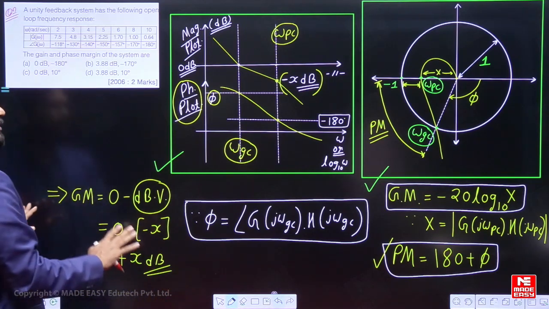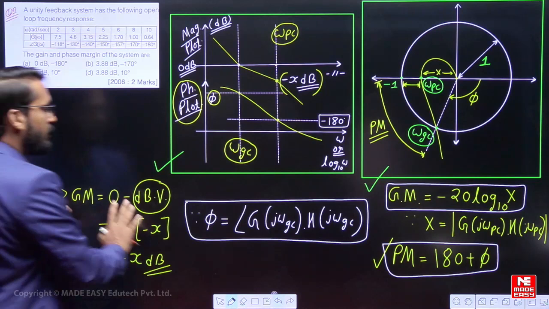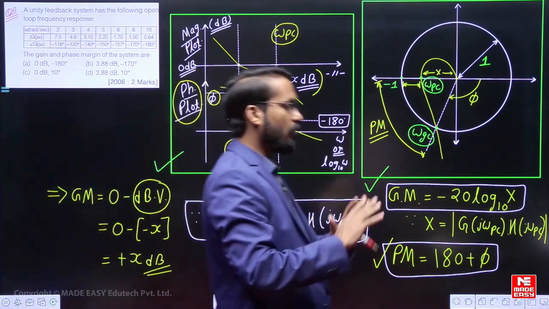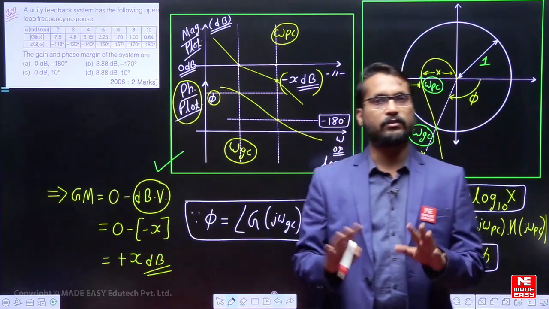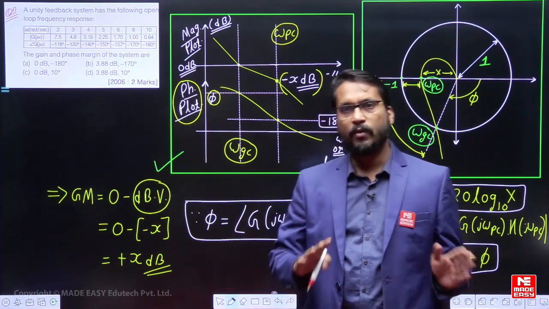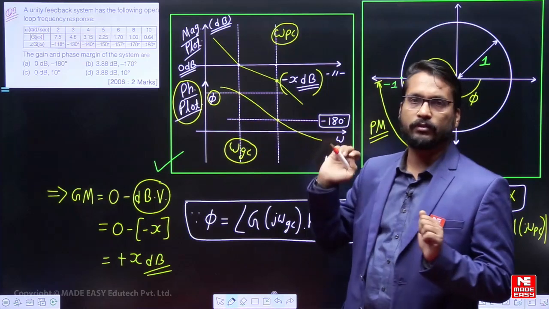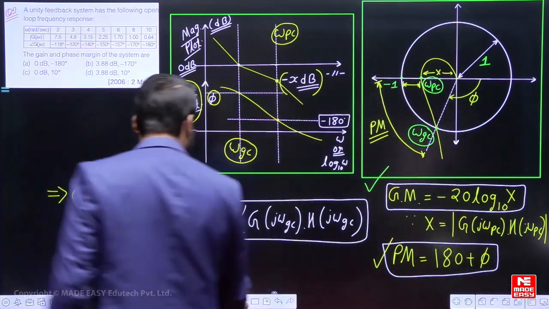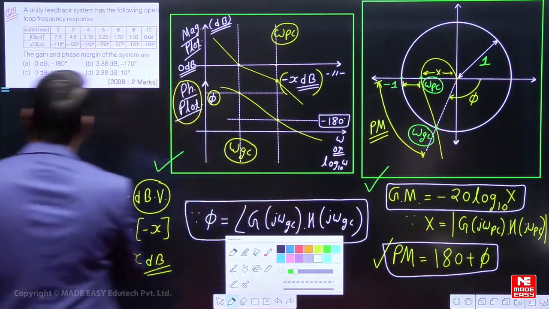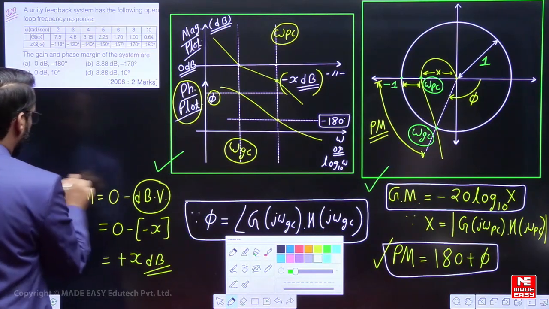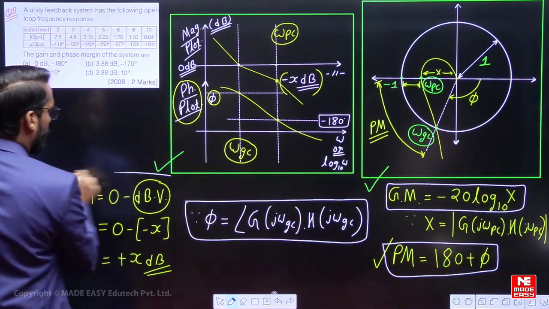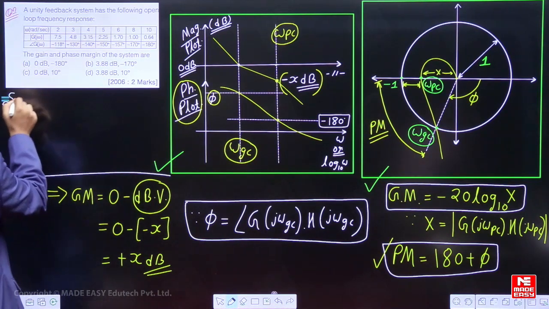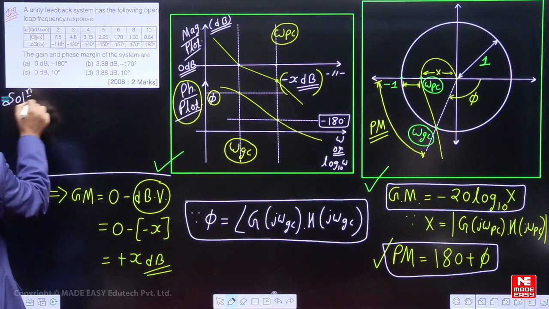This much information now you have, the concepts of gain margin, phase margin, gain crossover frequency, phase crossover frequency. Now we want to hit the particular question. So let's discuss this question now when we have the concept with us. So directly I am going to solve here.